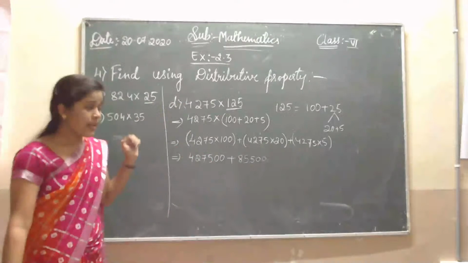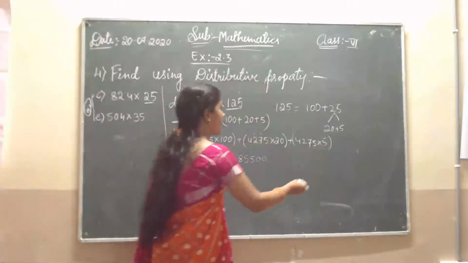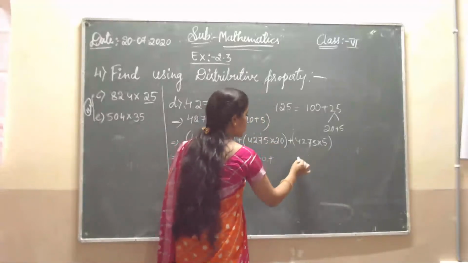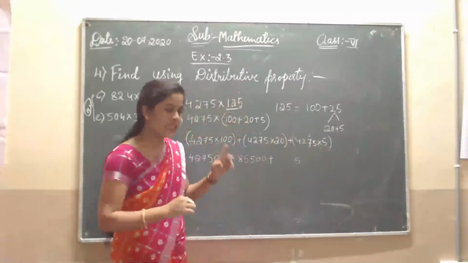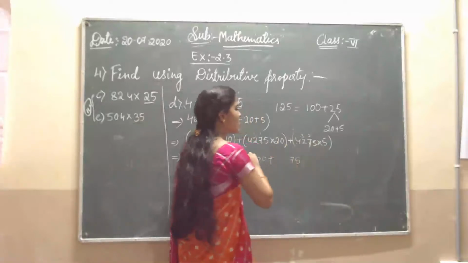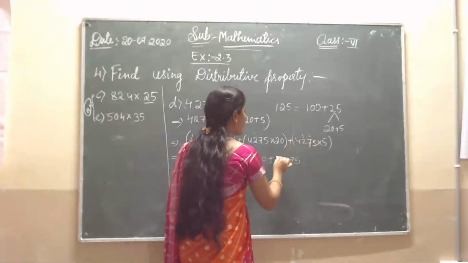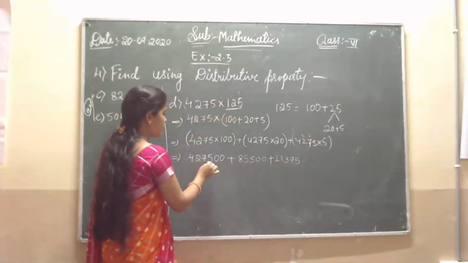Understood? Next, multiply 5 with this number: 5 5s are 25, 2 carry; 5 7s are 35, 37, 3 carry; 5 2s are 10, 13, 1 carry; 5 4s are 20, 21. So this is your product.